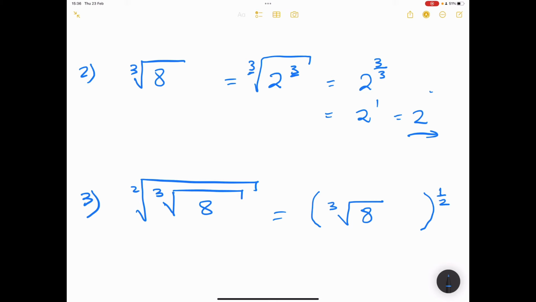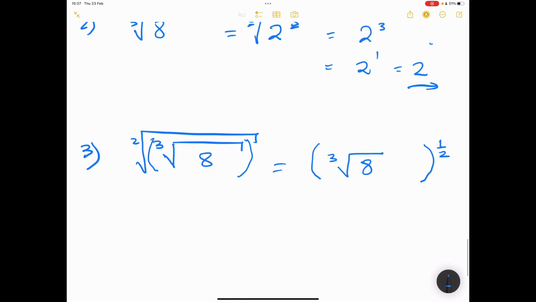Remember, if we've got a square root, there's a 2 there, okay? So it means that we take everything that is inside, and in this case, it's raised to the exponent 1 over 2, right? So in this case, what I can do is I can change what's on the inside there. So this can be 8, okay? So I'm dealing with this here.